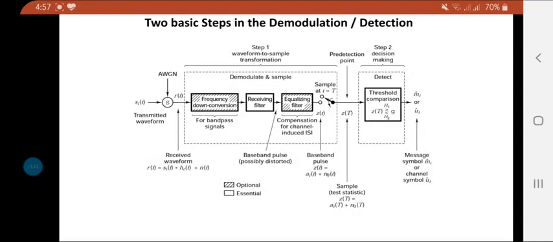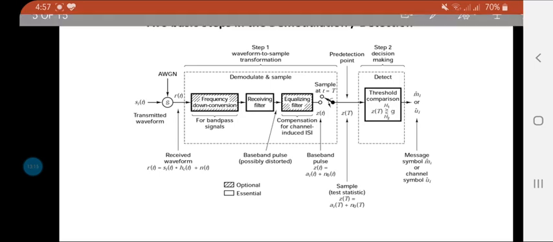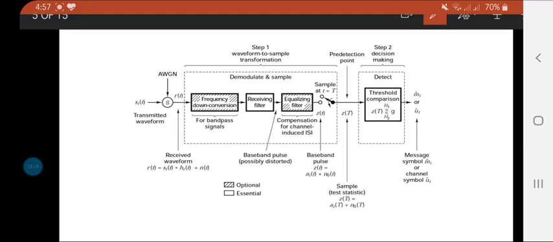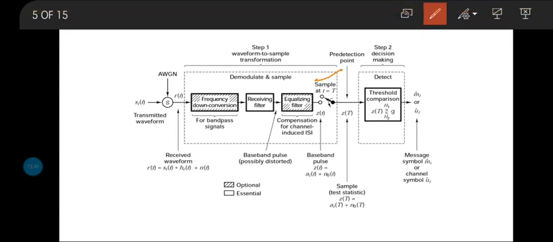At the end of each symbol duration T, the output of the sampler, which we call the pre-detection point, yields a sample which we represent as z(T). This z(T) will have a voltage value directly proportional to the energy of the received signal and inversely proportional to the noise.